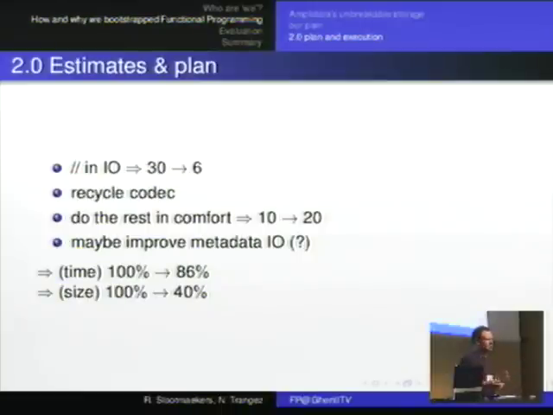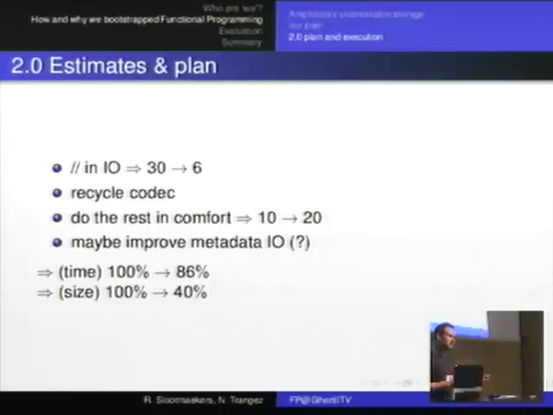So that would cost some performance, but we would be comfortable and assured that it would be correct. And maybe we would do something about the metadata I/O, which was a dirty little corner of the whole application. And so the estimates were that from 100% of the time it would be faster, and the size of the code base would be smaller.